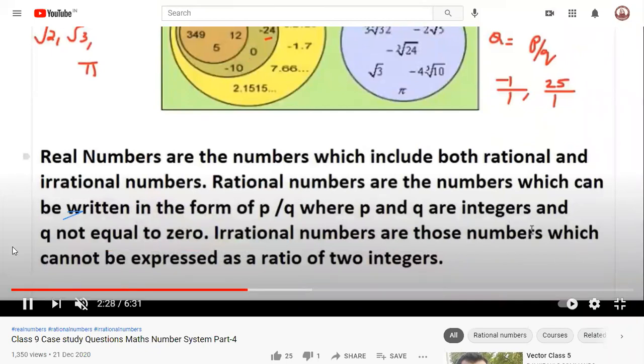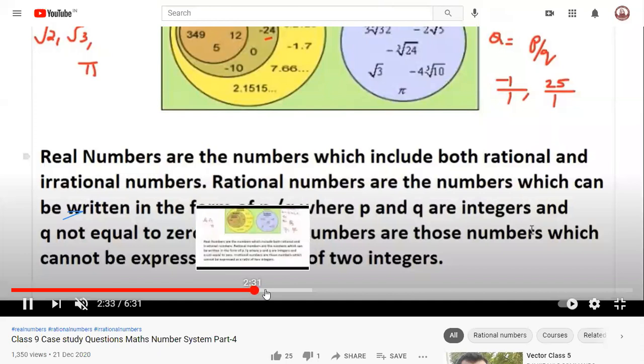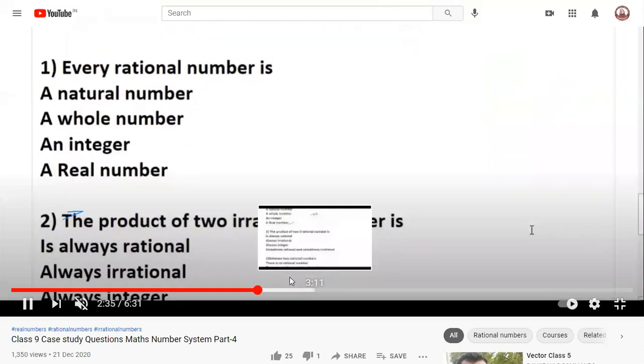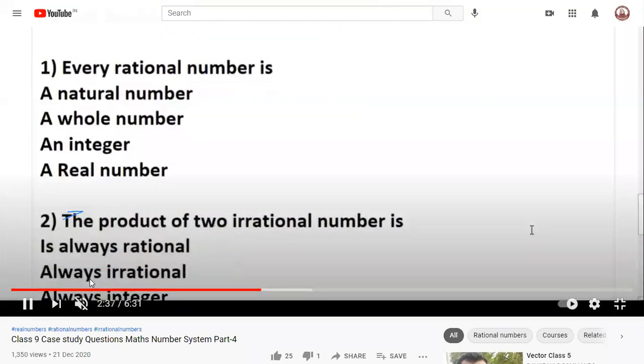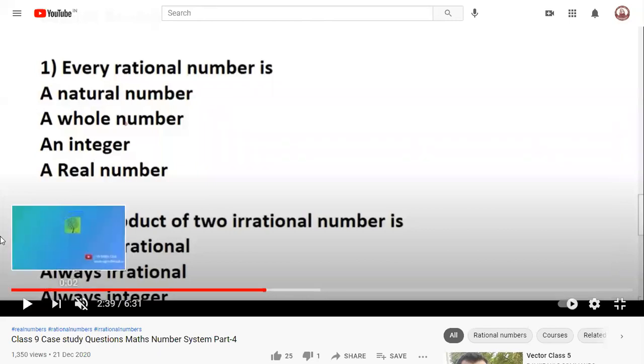Irrational numbers are those numbers which cannot be represented as a ratio of two integers. I have already said that. If a number cannot be represented in the form of p by q, it means it cannot be represented as a ratio of two integers, therefore it is an irrational number.